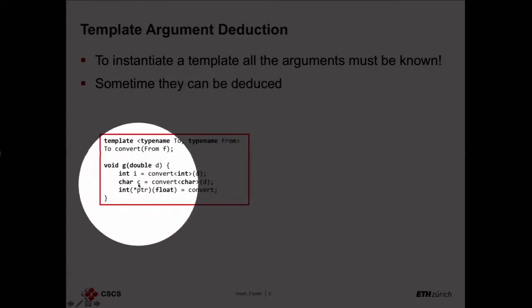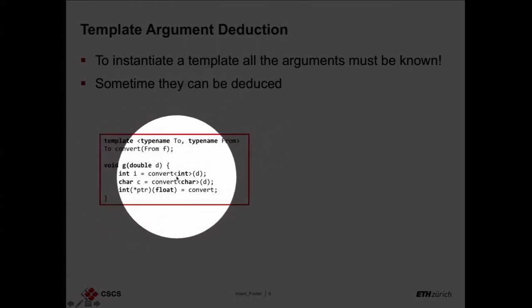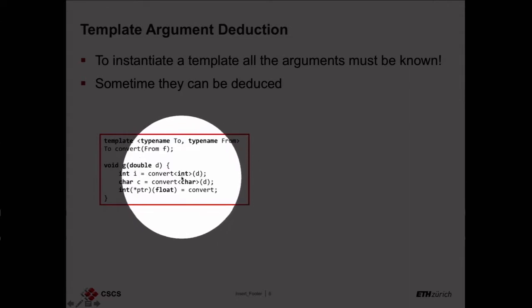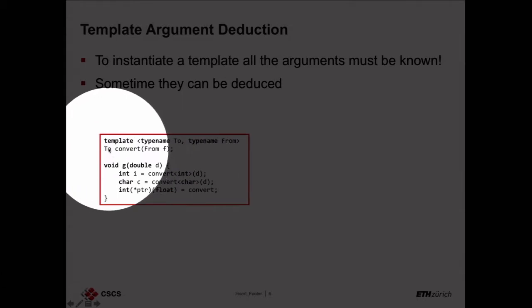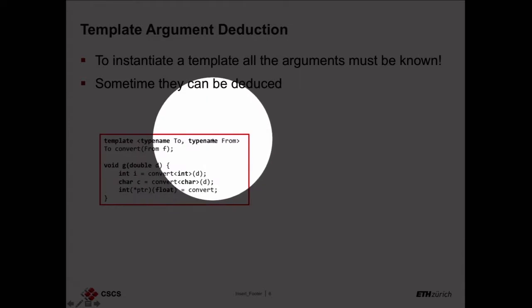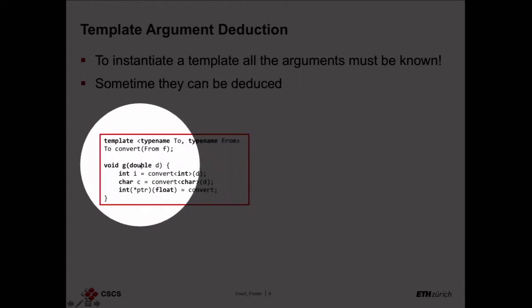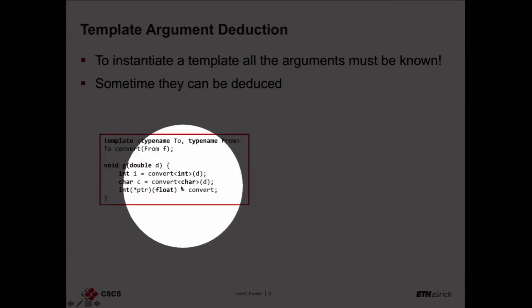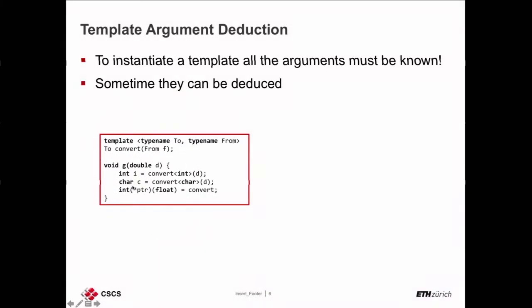Now I can say convert int d, which means int becomes the return type here, and d, which is the argument, which is from type, is deduced. So d is double, and then I convert a double to int, but I can also convert a double to char. Don't bother that it doesn't make sense, it's just showing you what you can do.